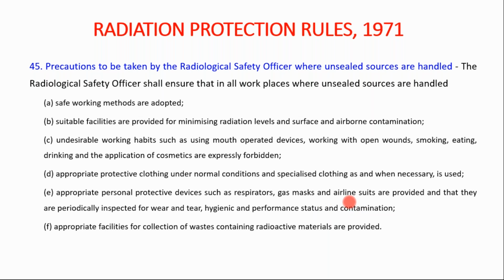So apart from the full body apron, which is constructed of radiation resistant material, they can provide you air respirators or gas masks or airlines to have a sufficient amount of oxygen for inhaling purposes. Depending on the conditions, these PPEs or other PPEs can be provided to the radiation workers.